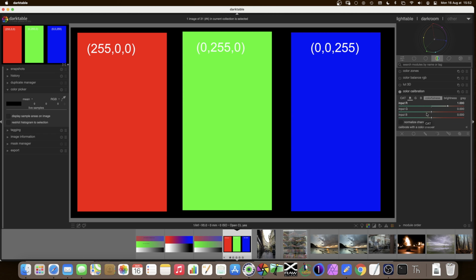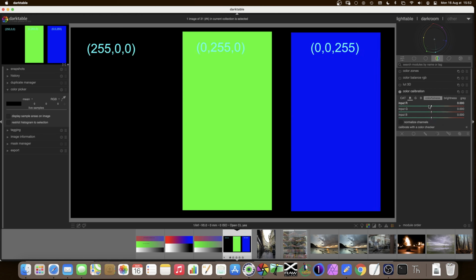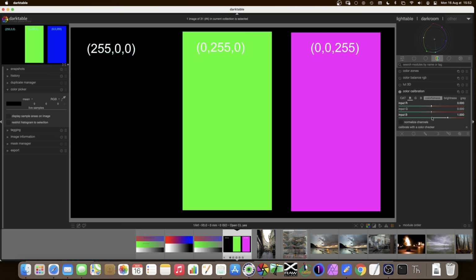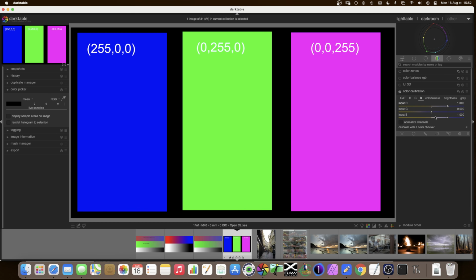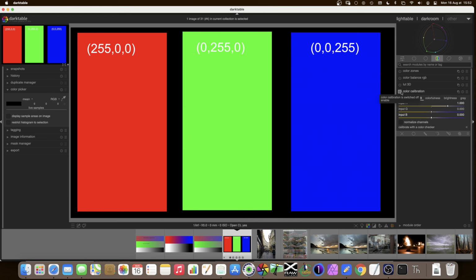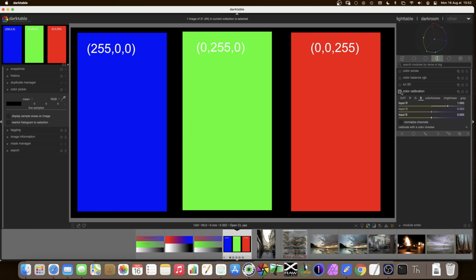There's been some swapping done here already. 0, 0, 1, I have for that one. Green 0, 1, 0. And blue, what did we say? 1, 0, 0. Now look, I switch it on and off. I'm swapping the red and the blue, and you could swap anything else you liked, and that is useful for infrared photography.